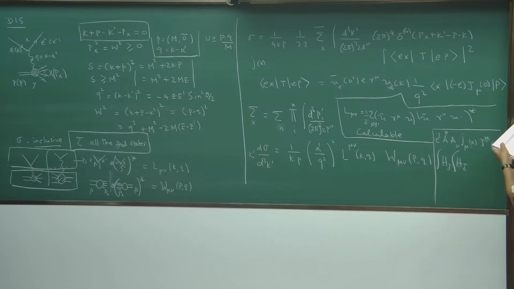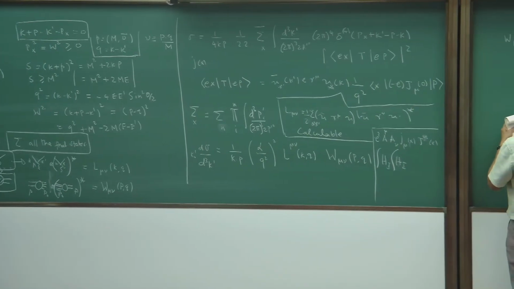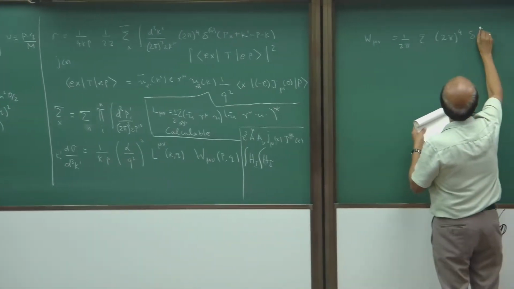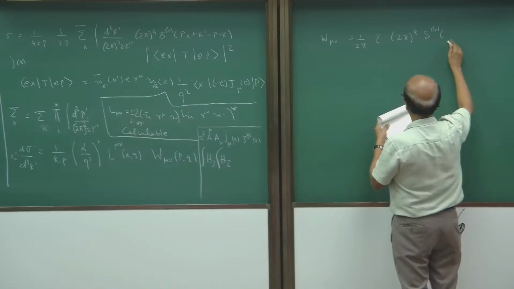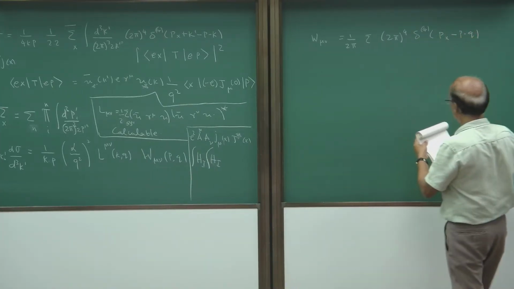So W mu is what you call the hadronic tensor. I'm not making any simplification. I'm just writing down what I get, unlike in the previous case. So it is 4 pi, delta function of px minus p minus q. I'll explain to you why I'm putting this.